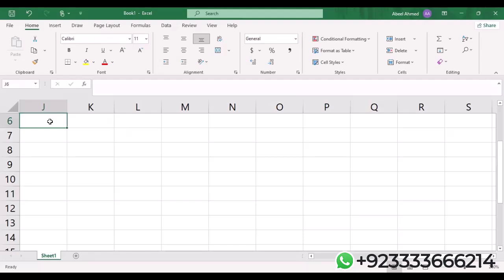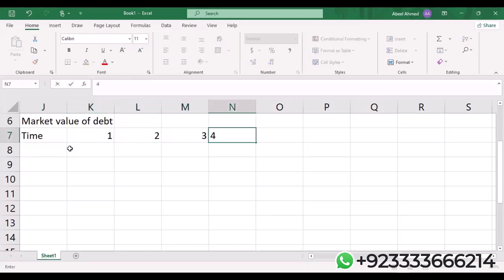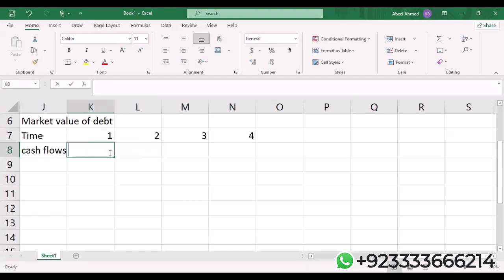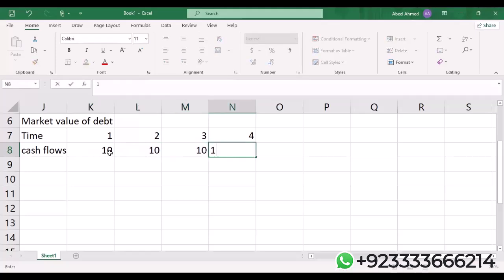Let's say we are calculating market value of debt. Time 1, 2, 3, and 4. Cash flows: I'm just assuming 10, 10, 10, and 10, plus the redemption amount, assuming the redemption is at 20% premium, so 120.